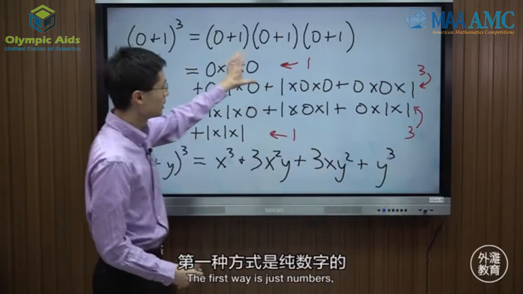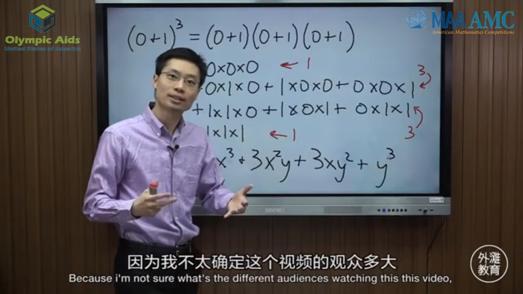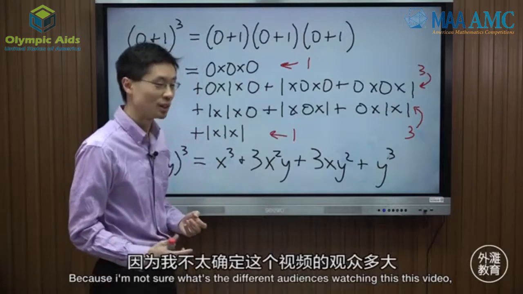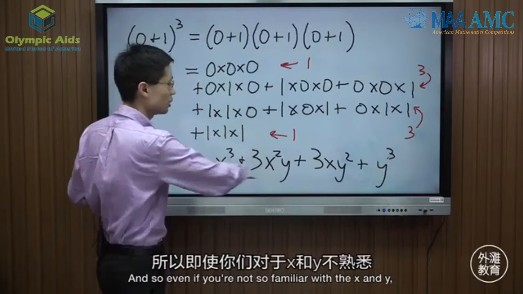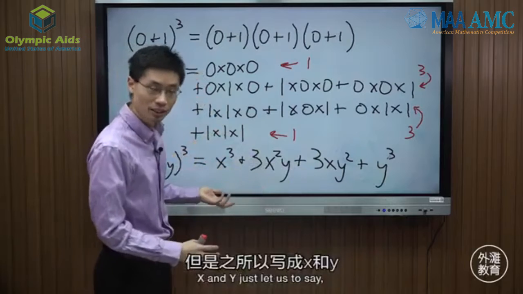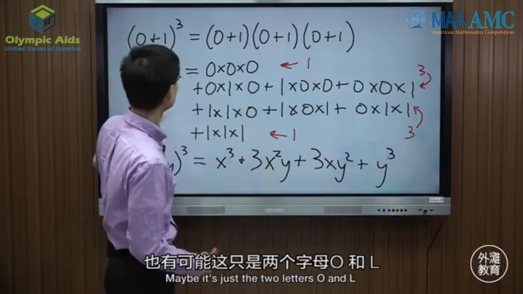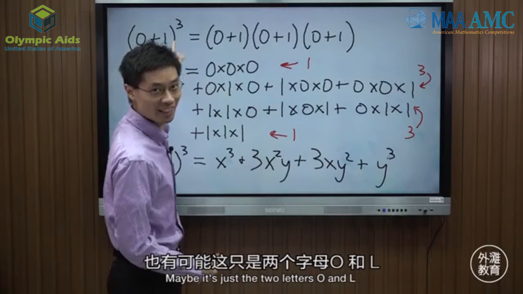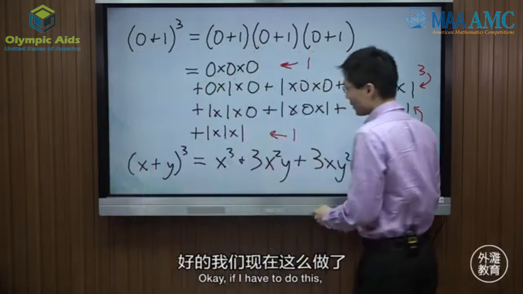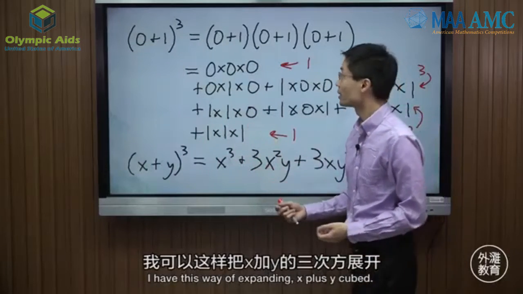The first was with just numbers, because I'm not sure what the different audience is watching this video. And so even if you're not so familiar with the x and y, you can see it through the numbers. X and y just let us say it doesn't matter that it was 0 and 1. Maybe these were just the 2 letters O and L. OK. Well, if I do this, I have this way of expanding x plus y cubed.